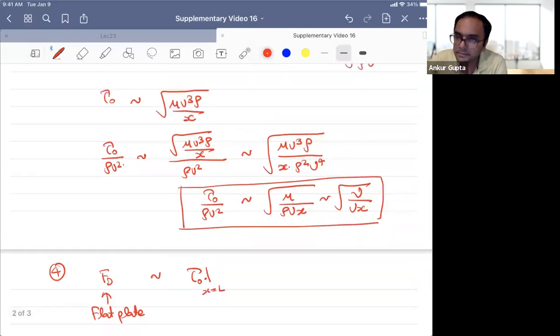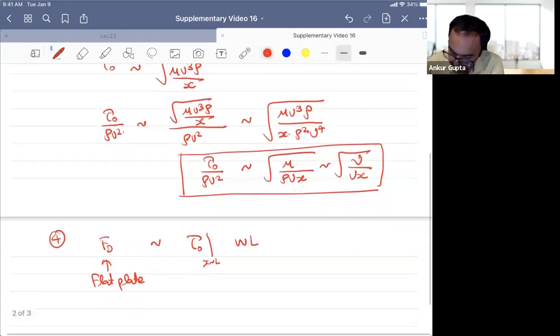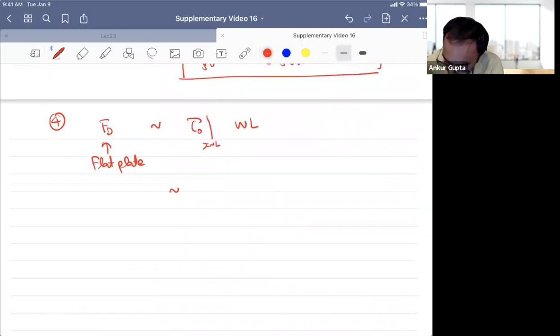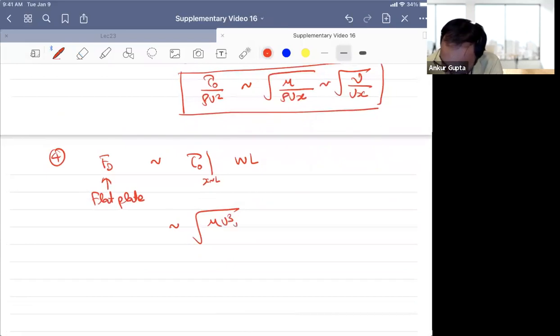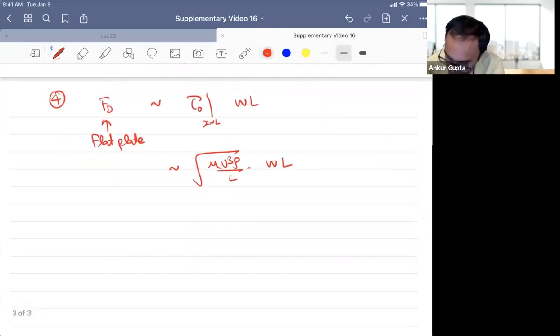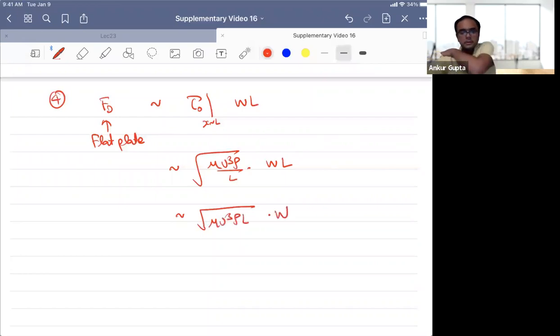So in our scaling analysis, we'll replace x as L, and have area L times W. Okay, so if you do that, we get this result. So let's do that: square root of mu u cube rho by L, times W times L. And we get this as square root of mu u cube rho L, times W. This is the drag force scaling.